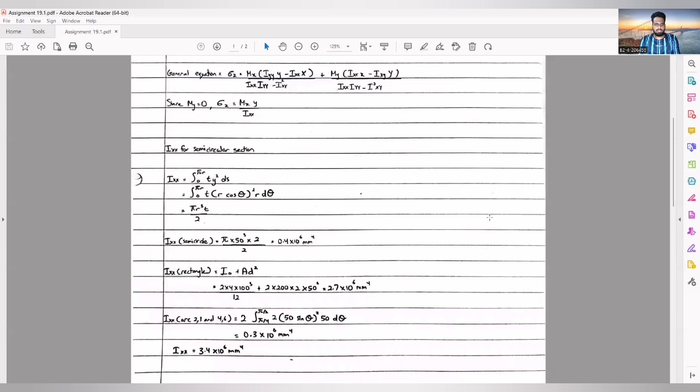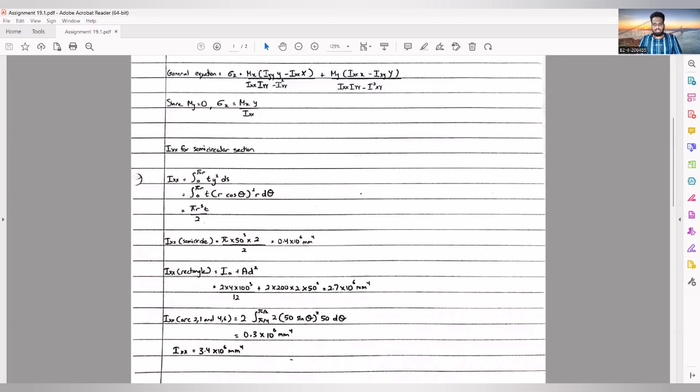For the rectangular part, we get 2.7 times 10 to the power 6 mm4. For both arcs, arc 2, 3 and arc 4, 6, we get 0.3 times 10 to the power 6 mm4. Substituting all together, we get 3.4 times 10 to the power 6 mm4.